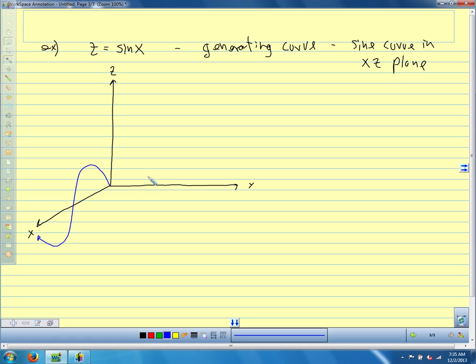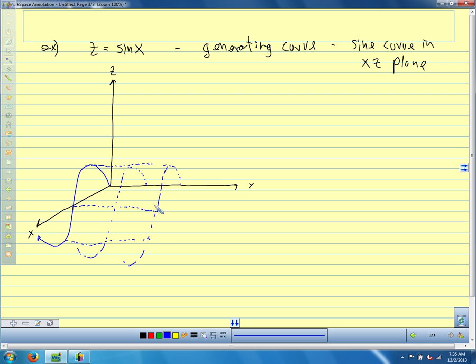And y can take on any value. So I would get these sine curves for any value of y. So over here, I'd get another one. And along here, I'm going in the positive y direction only this time. Like so. And then we connect these. There's where it goes through the xy plane. So our surface would be this kind of sinusoidal shaped sheet.